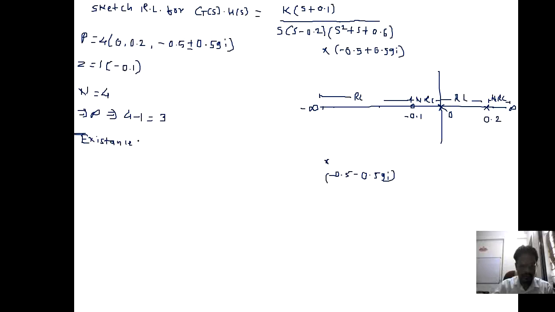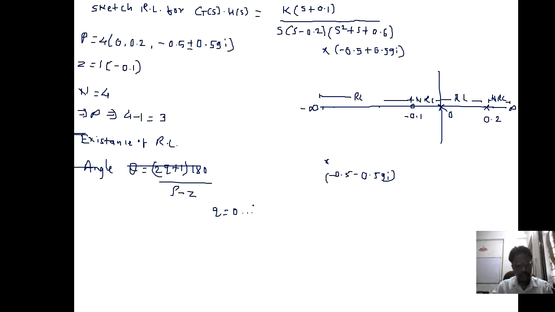So this is the existence of root locus. Then what is the next step? The next step is about asymptotes, in which angle and location are included. The angle of asymptote is given by theta equal to (2q plus 1) into 180 divided by p minus z, where q equal to 0, 1, 2, up to p minus z minus 1.